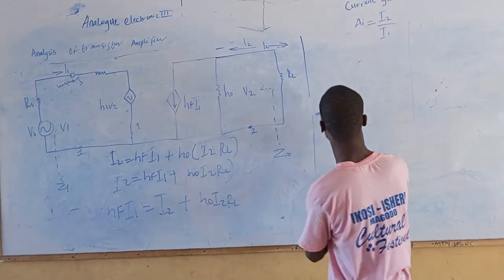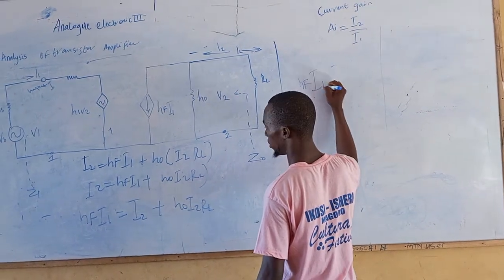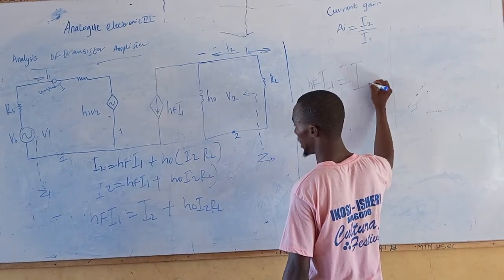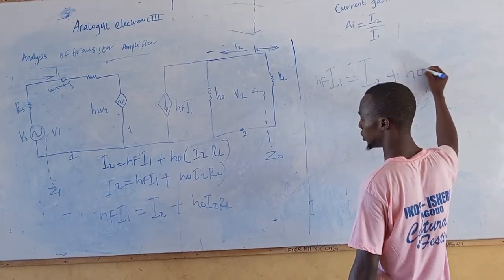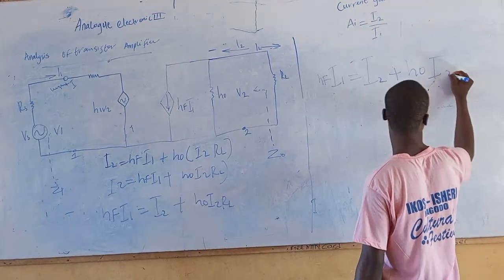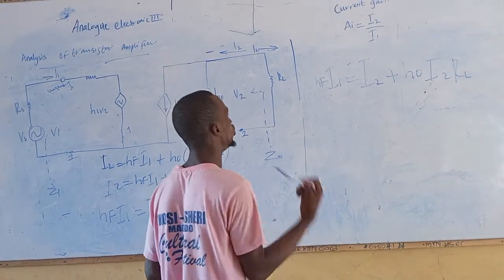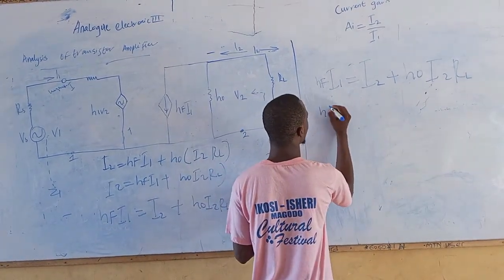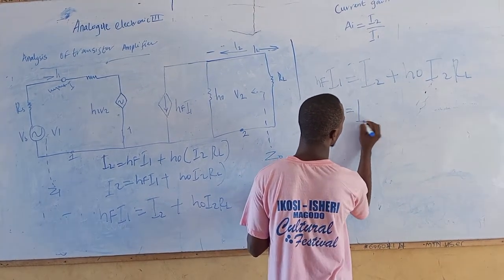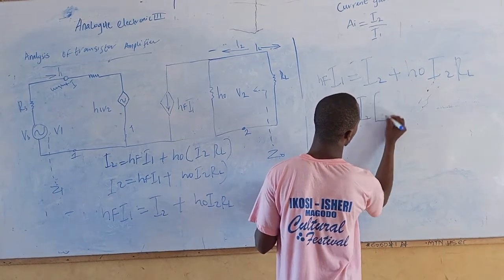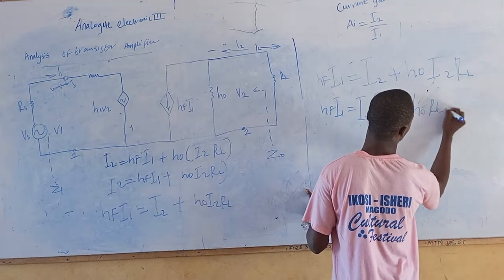Let us transfer it from that place: HF I1 equal to I2 plus HO I2 R_L. So in this aspect now, let us expand. We said HF I1 equal to I2 bracket 1 plus HO R_L.